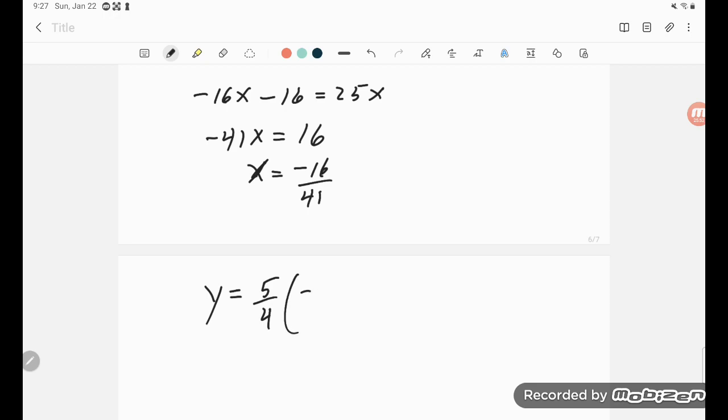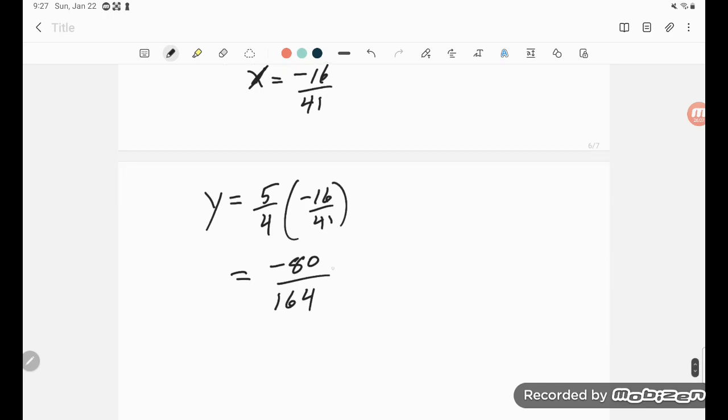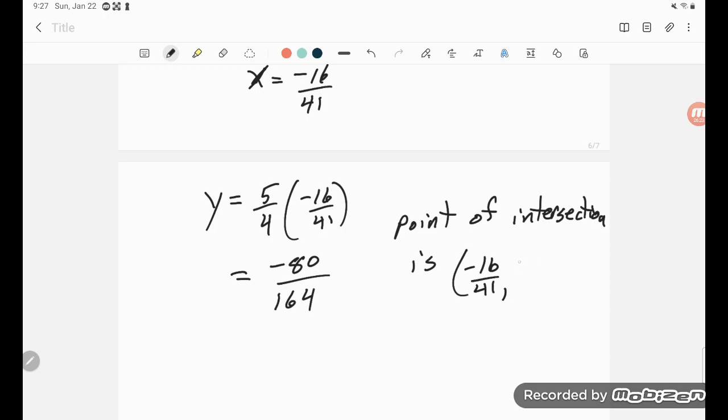So negative 16 over 41, and that's negative 80 over 164. Okay, so the point of intersection is negative 16 over 41 and negative 80 over 164, except, well, actually I can reduce that.